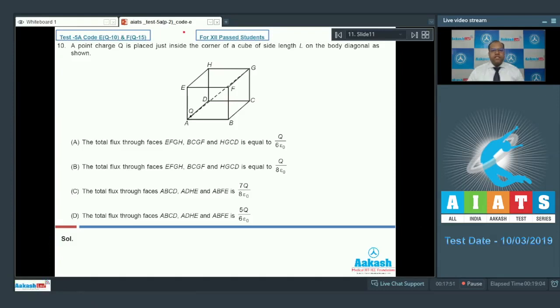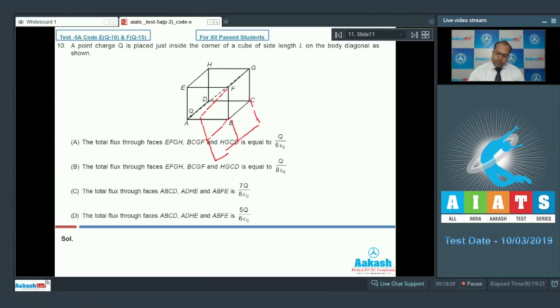If I consider the charge is kept at the center of a cube of side length 2L, this is the extension of this cube whose side length is 2L.